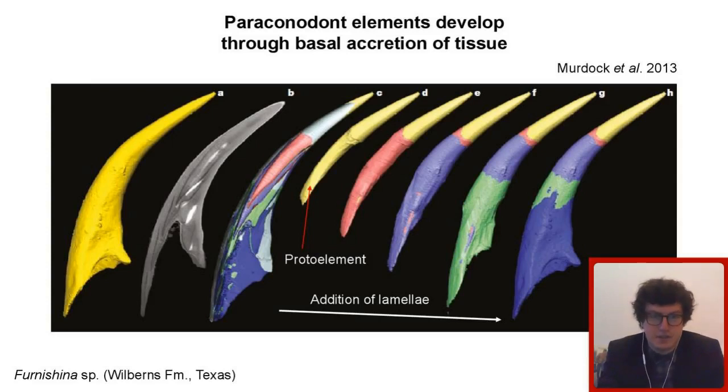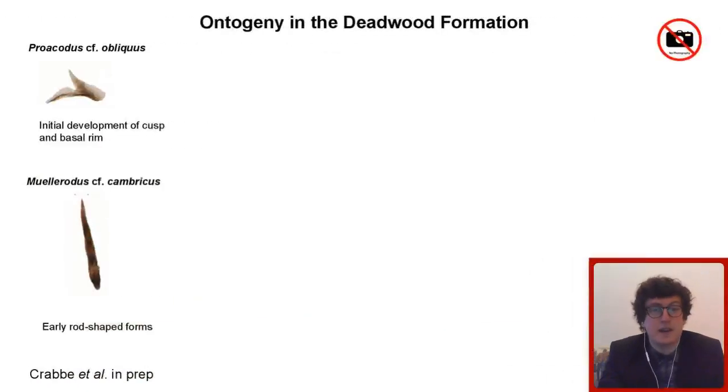So as you can see from D, the element starts as this small conical proto-element, and then gradually develops into H, a kind of adult functional form, through the addition of tissue to its base and sides in what we call basal accretion. So we can take this and apply it to elements we see in the Deadwood Formation.